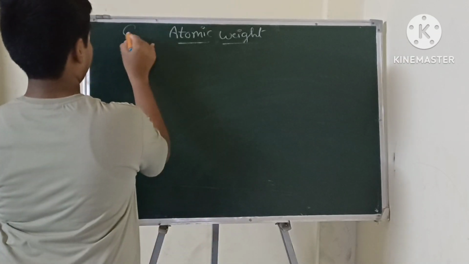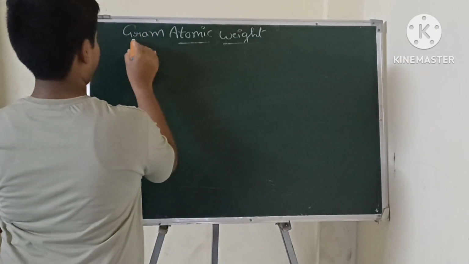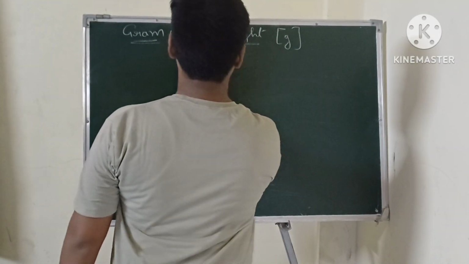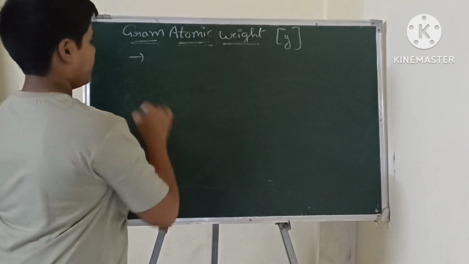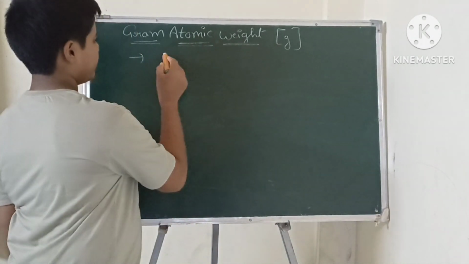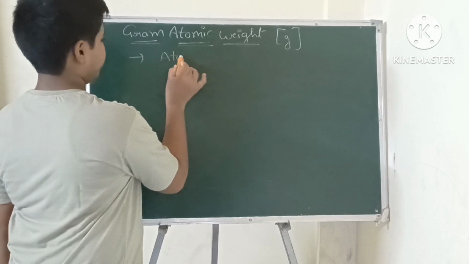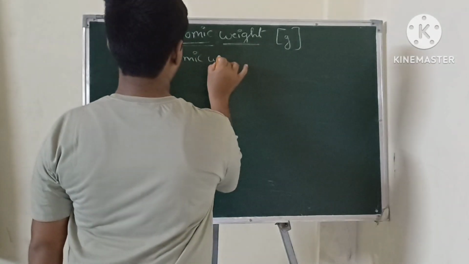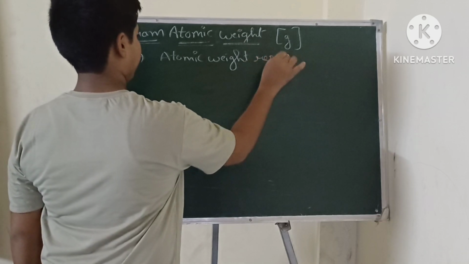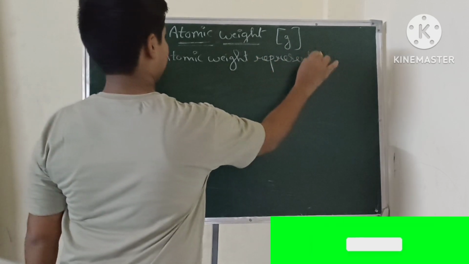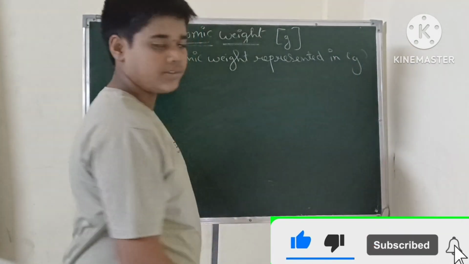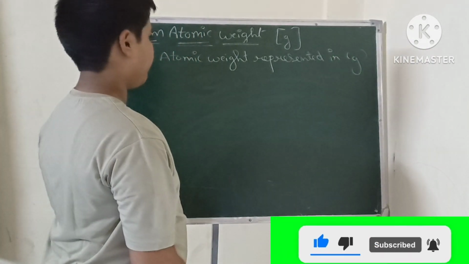Next one, gram atomic weight, which is represented in grams. Gram atomic weight means atomic weight represented in grams.